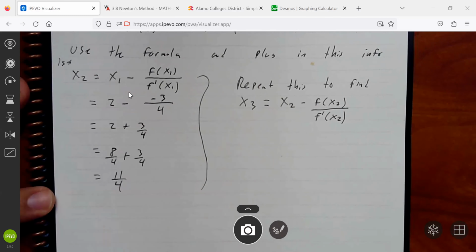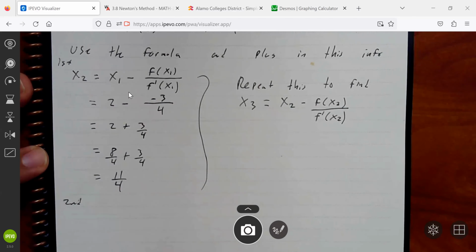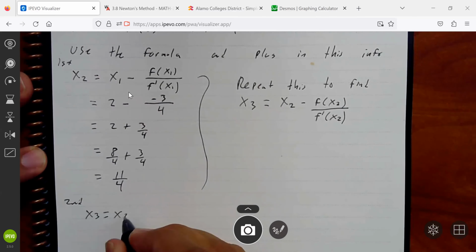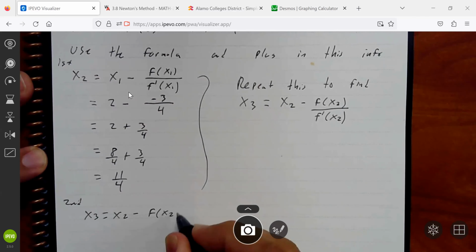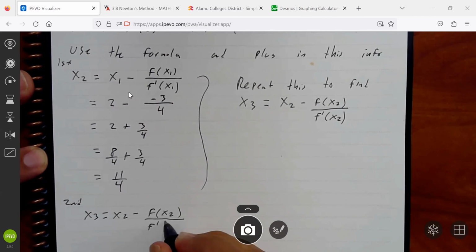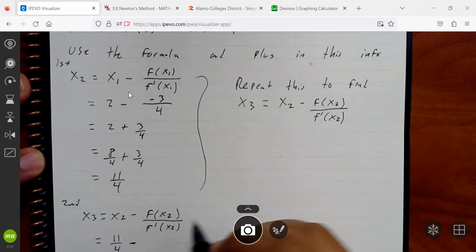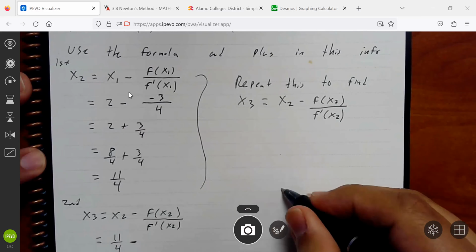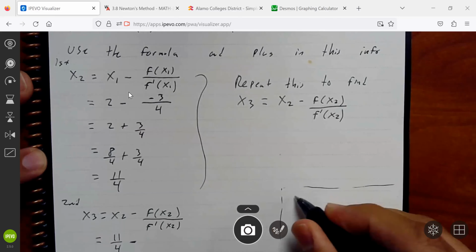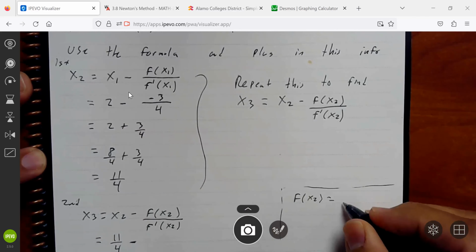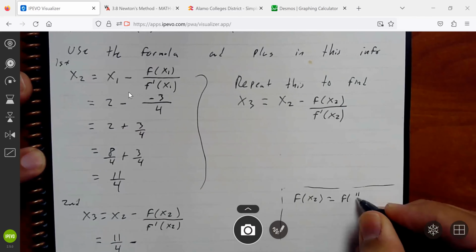First iteration. Second. So here we go. x3 is equal to, I'll just go ahead and write it again for consistency, 11/4 minus. So I need to find this guy. Over here, we'll do some side work because I'm out of space. F of x2, that's going to be what? F of 11/4.